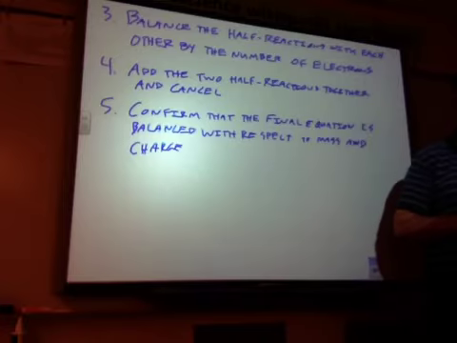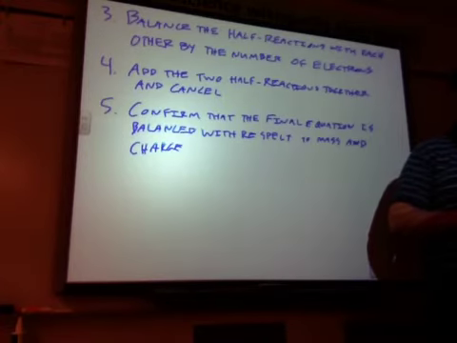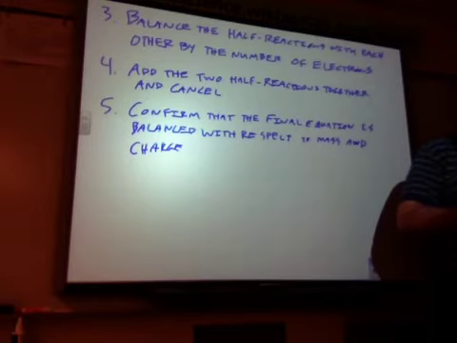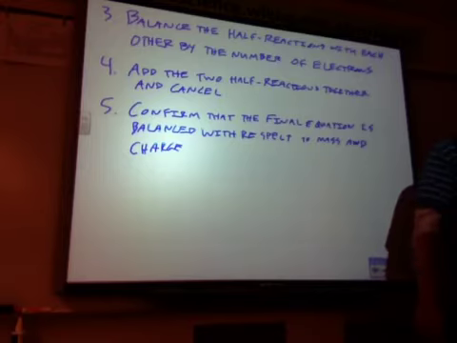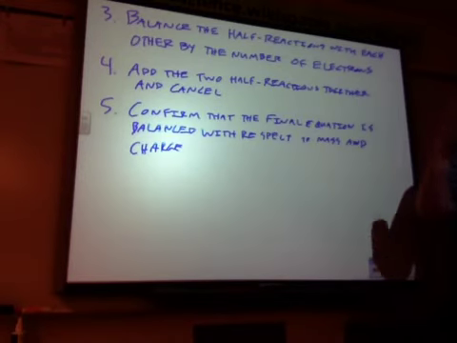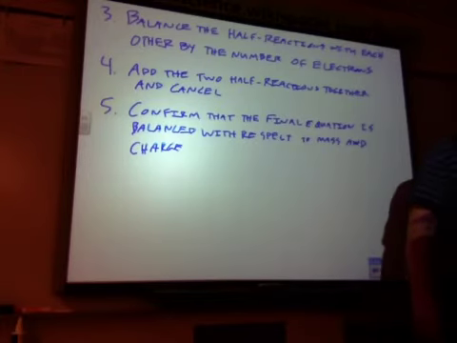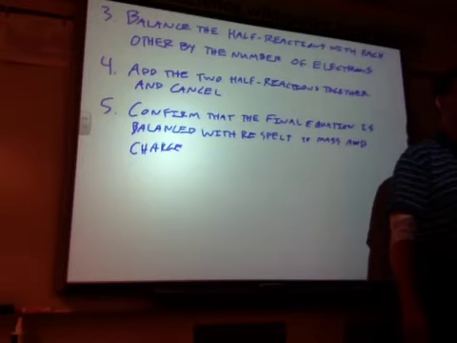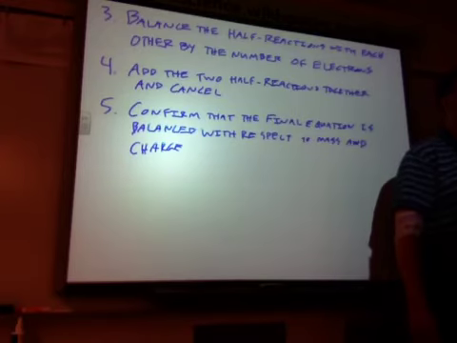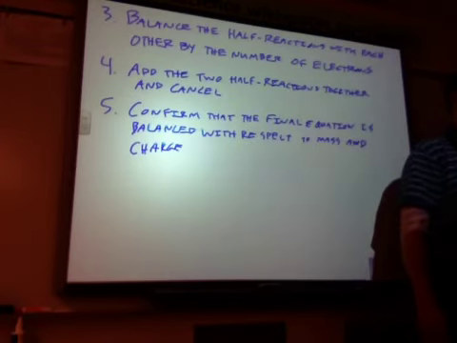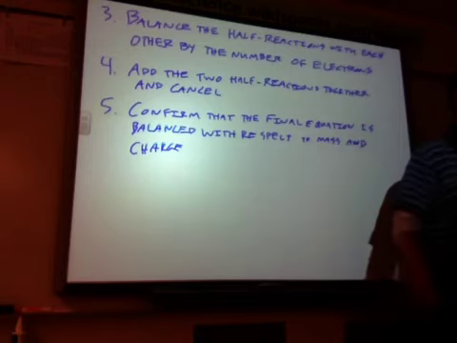Okay. This is a bit of work. But if you follow these steps as presented, do them in this order, and do them a step at a time meticulously, you'll get the right answer. Are there shortcuts to doing this? Well, yes. I wouldn't recommend that you start looking for those until you've nailed the basics first.